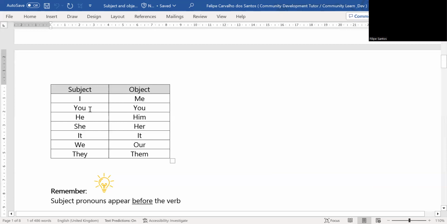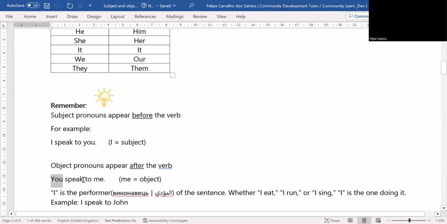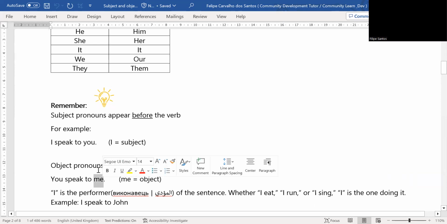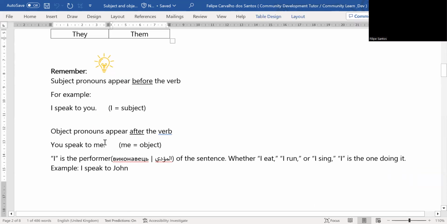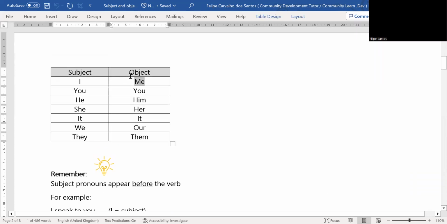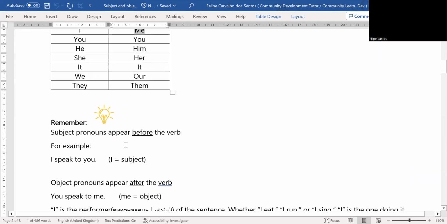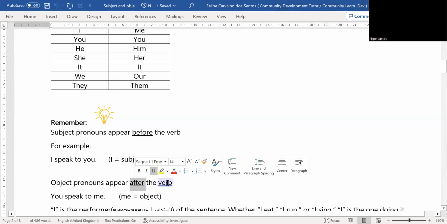Subject, you speak to me. Notice you speak to me, object. Notice that object pronouns go after the verb.